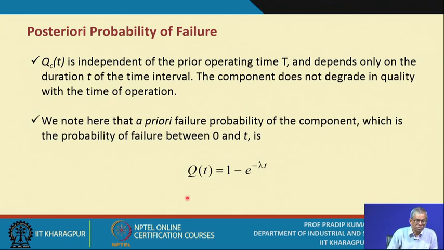Now, this posterior probability of failure is independent of the prior operating time T. That is the assumption we are making, and it depends only on the duration t of the time interval. That means what has happened up to capital T time period, you do not bother.